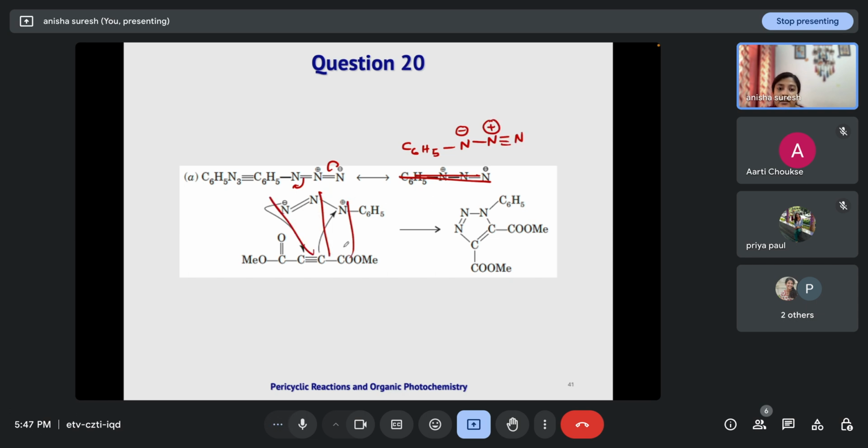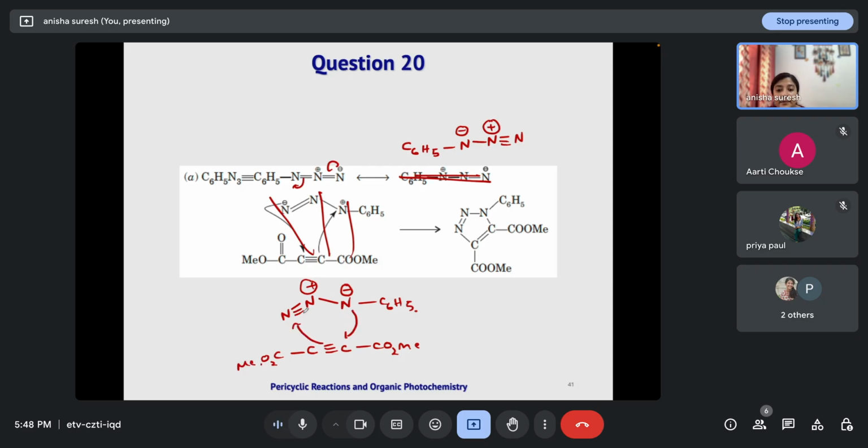So the reaction will be taking place like N triple bond N minus C6H5, with C triple bond C CO2Me, CO2Me.